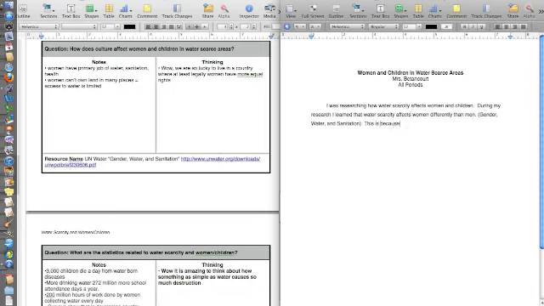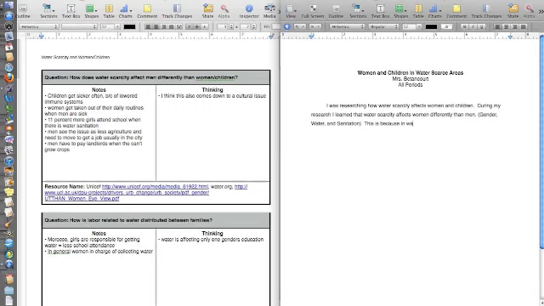This is because in water scarce areas, crops die, and men are forced to go and find a job in town or in a nearby city. So the women who stay behind have to collect water to provide for the house and their family.